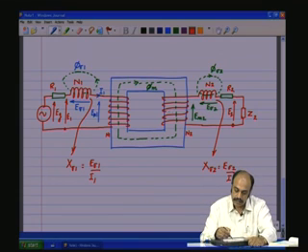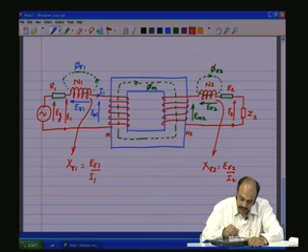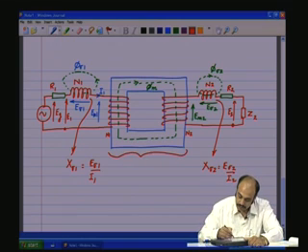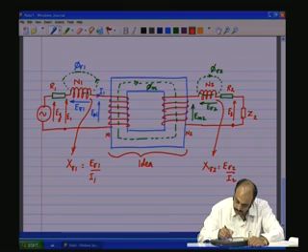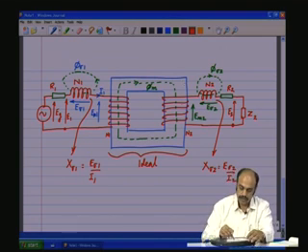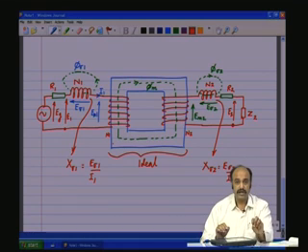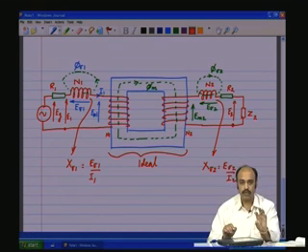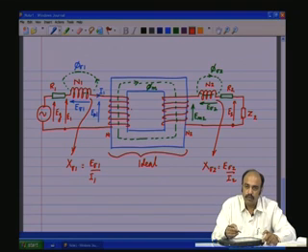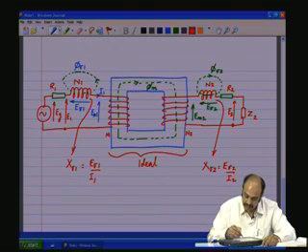So, R2 is the coil resistance of the N2 turns, R1 is the coil resistance of the N1 turns. Now, this transformer here we said was ideal, but if this portion of the transformer is now considered to have the imperfections of the core loss and the magnetizing inductance, then the equivalent circuit we discussed in the last class would come into place in this portion.